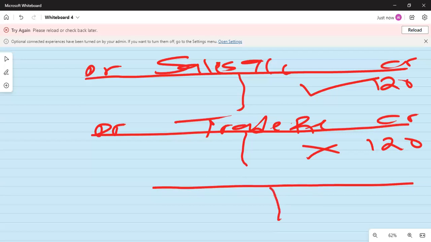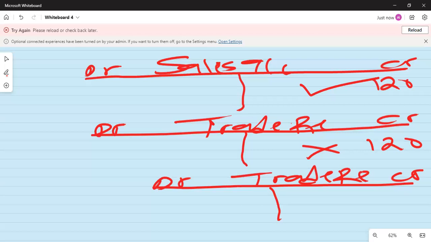The sales account is correct. Where we are having a problem is on the trade receivable. Initially, 120 is already on the credit side, and I want to have 120 on the debit side, meaning a balance of 120 on the debit side.